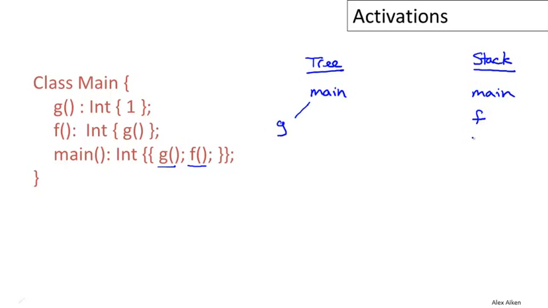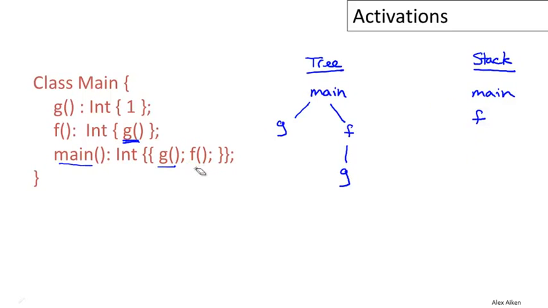All right, and then F is going to call G. I forgot to complete my tree here, so main calls F, and then F calls G. So now the stack at this point is main, F, and G. And once G finishes running, it will be popped off the stack because it's no longer executing.